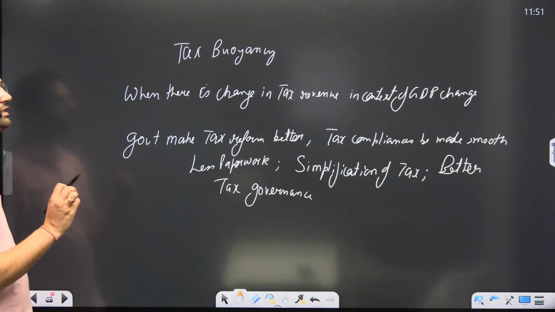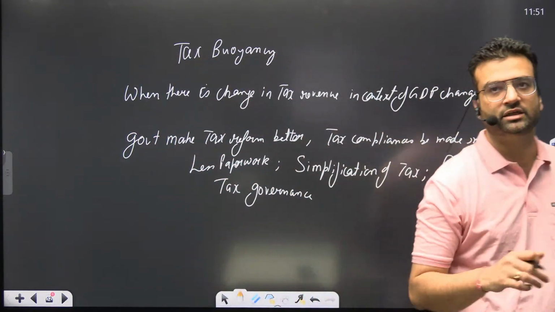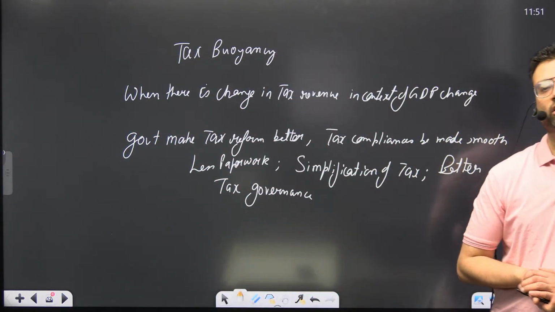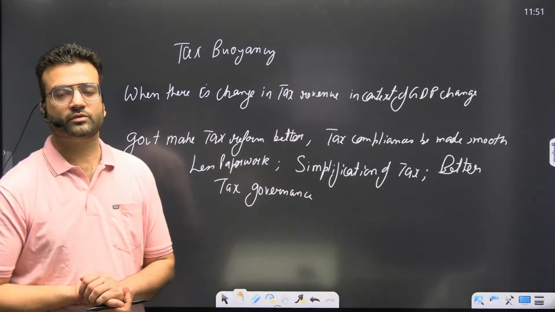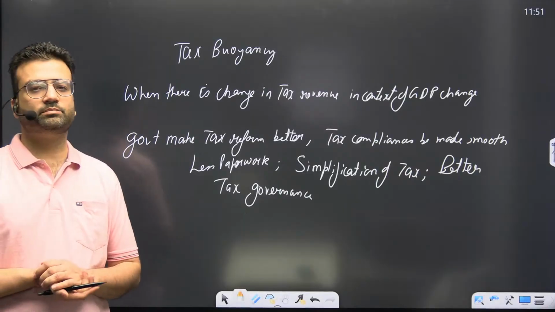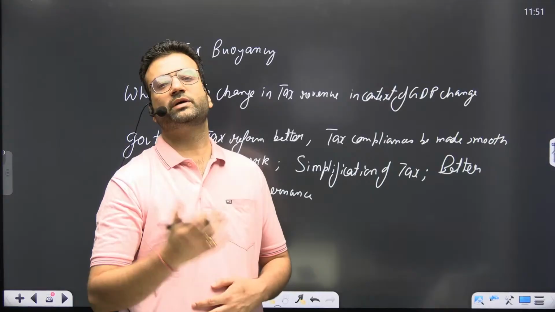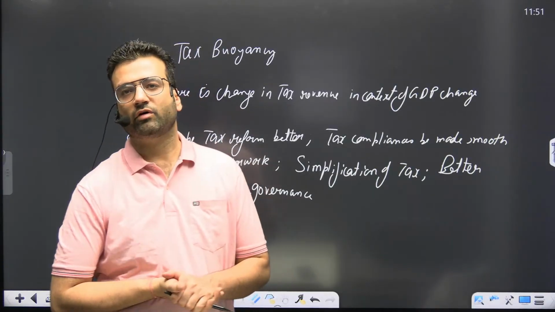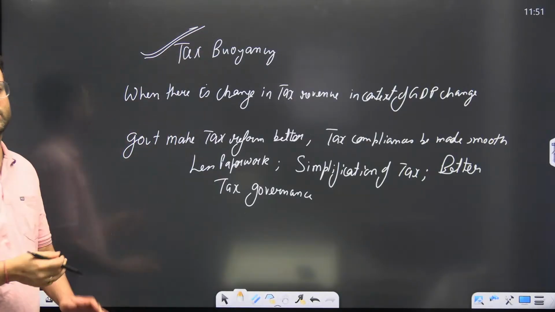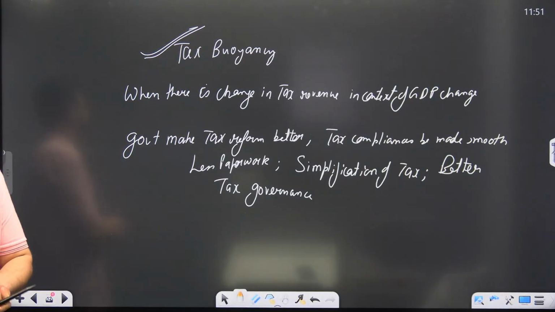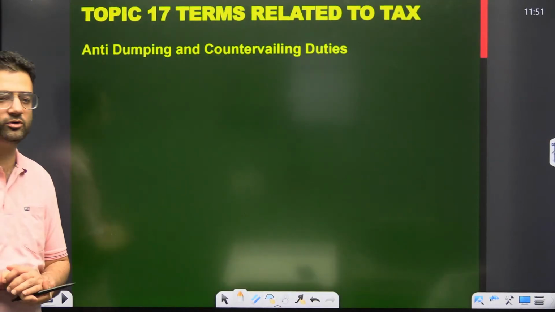So change in tax revenue in context of GDP change without changing the tax rate, this is tax buoyancy. If the income tax department makes the tax process very simple, eases tax filing, and makes governance easy, it will create a buoyant tax system. I hope it has been clear to you.